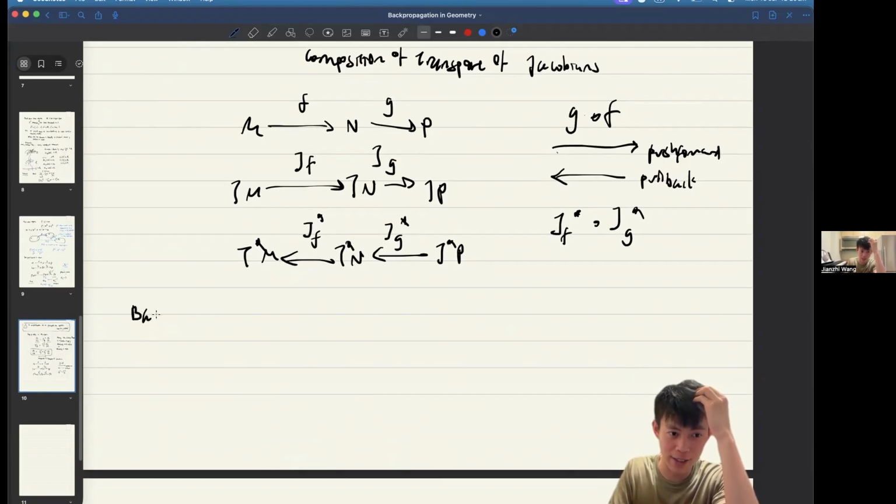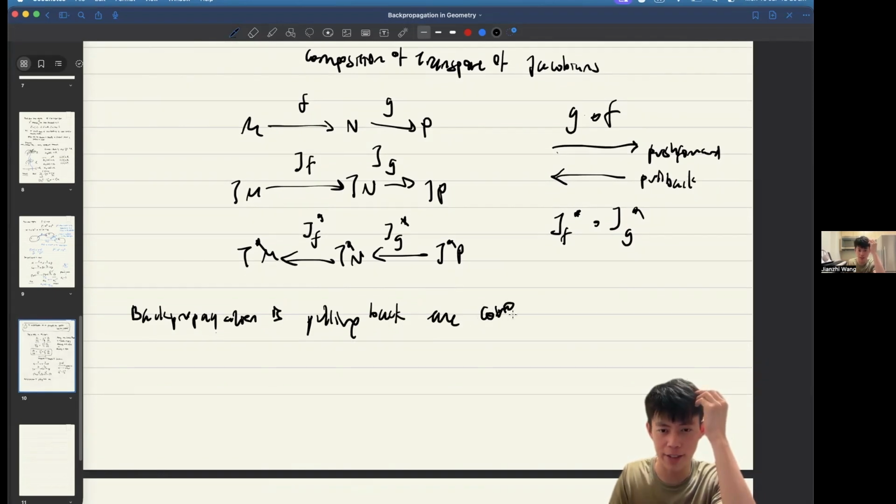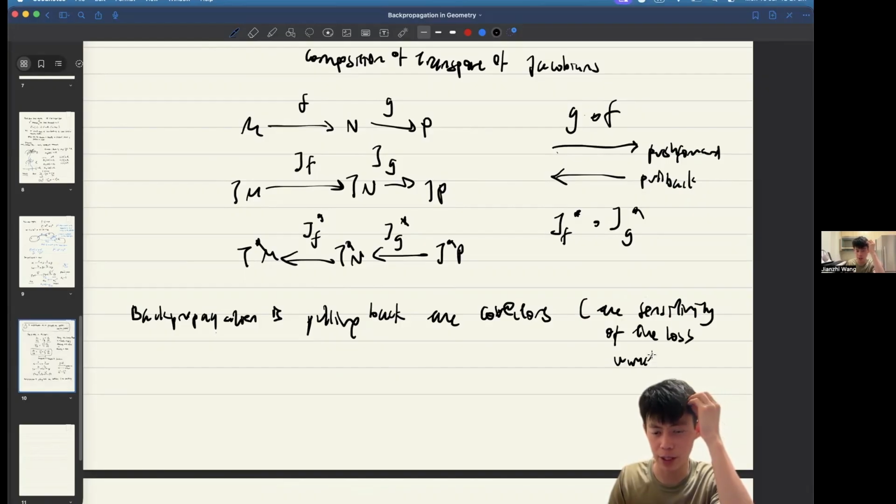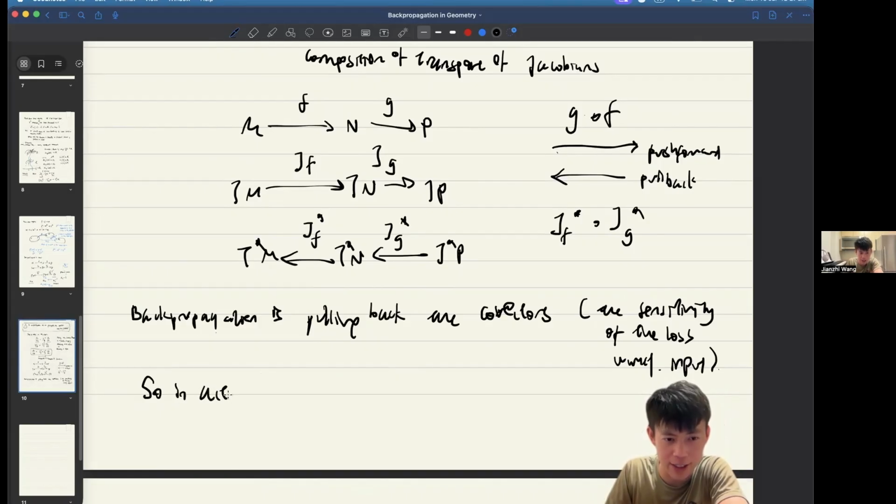We learned that the backpropagation is pulling back the covectors, right? Or the sensitivity of the loss with respect to the input. In actuality, so in PyTorch, we have seen the .grad func, right?